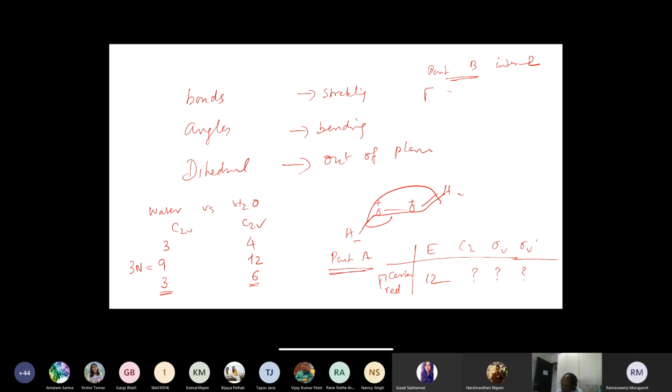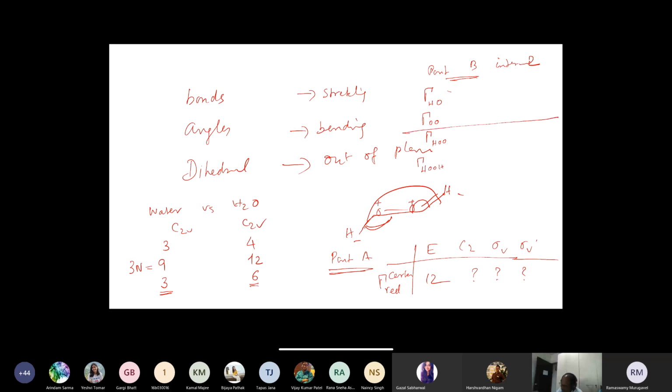So you can simply do tau HO, and do a tau OO, and do a tau HOO. That's this angle and this angle. And then there's a tau HOOH.